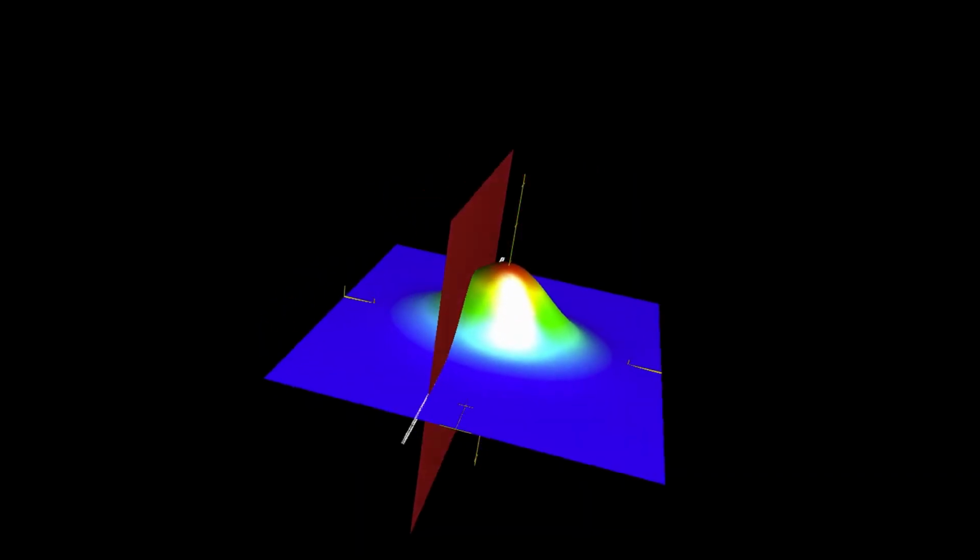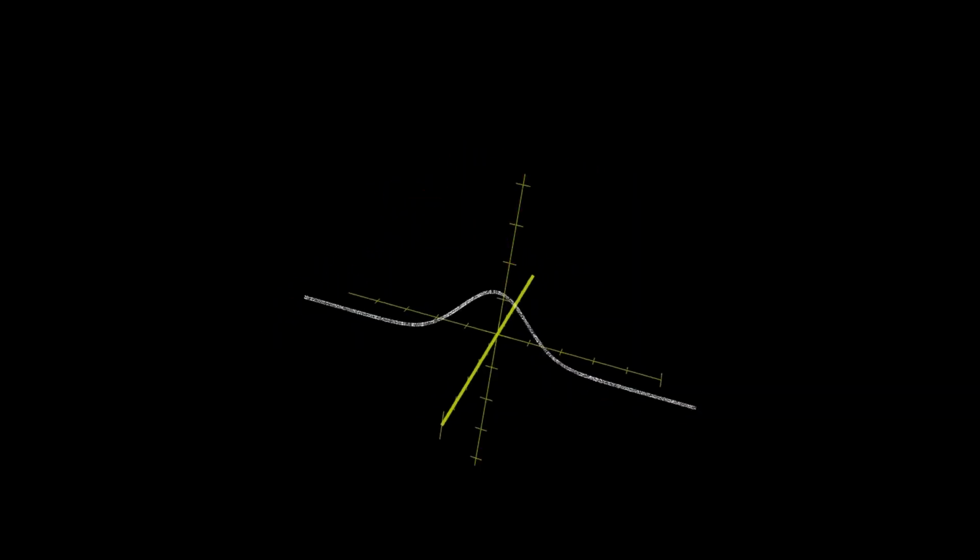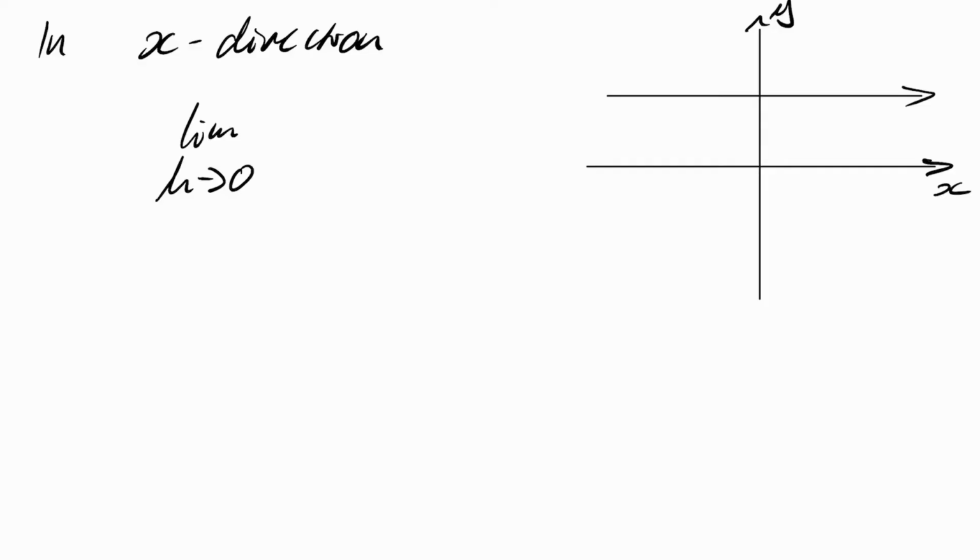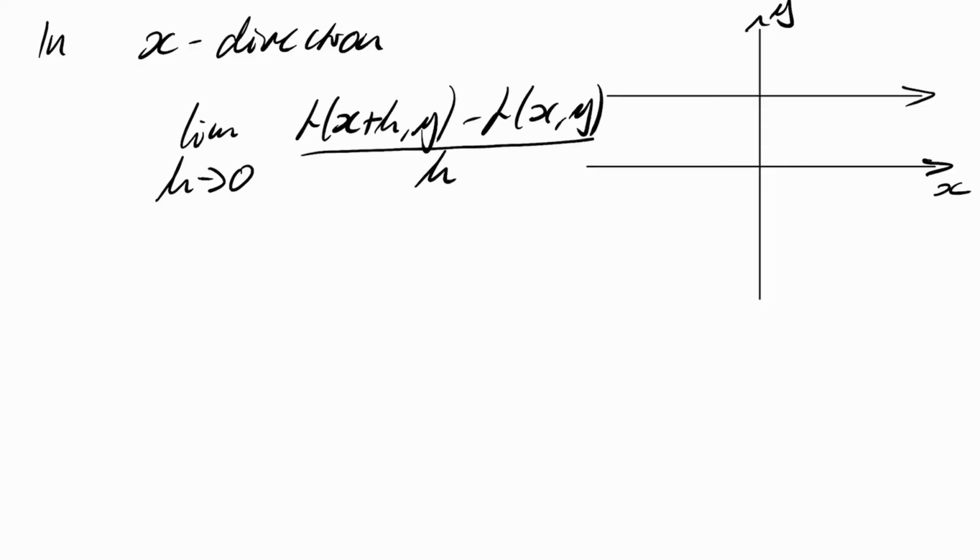That means we can think of the derivative in the usual way as the limit as h tends to 0 of f of x plus h and y minus f of x and y, over h. So we don't change y in the procedure. We take this limit, and this gives us the partial derivative, which we write as df by dx, but we use a funny curly d instead of a straight d to remind us that we're taking partial derivatives and not normal derivatives.